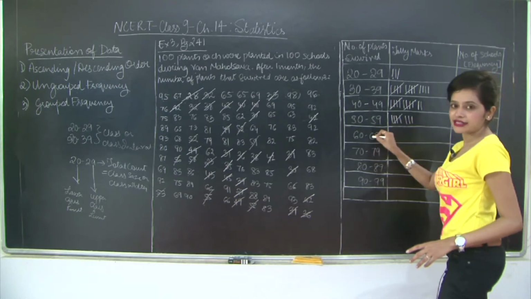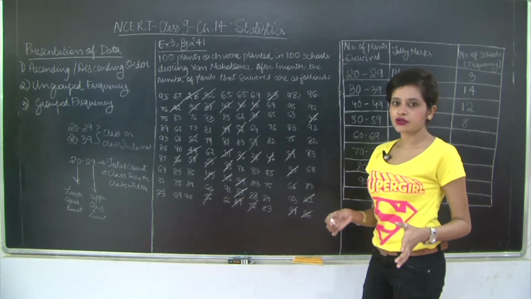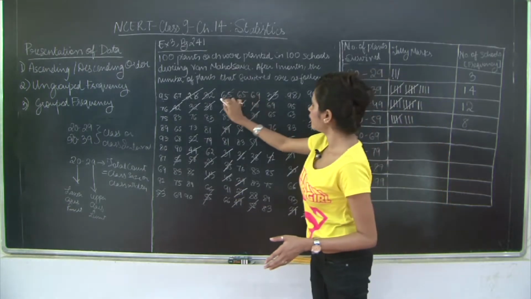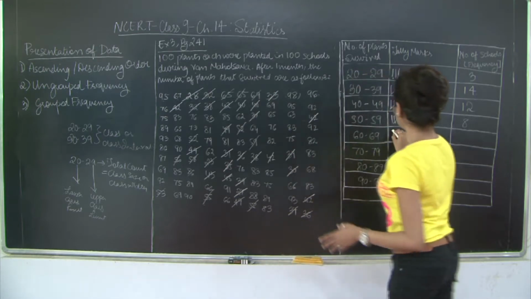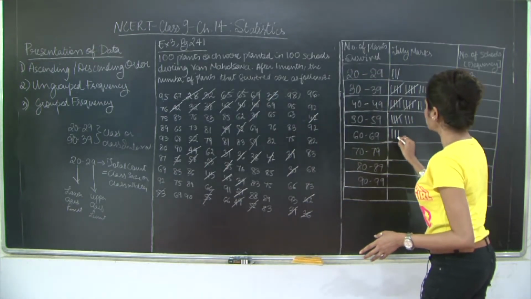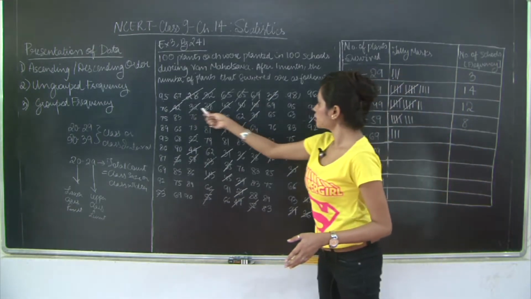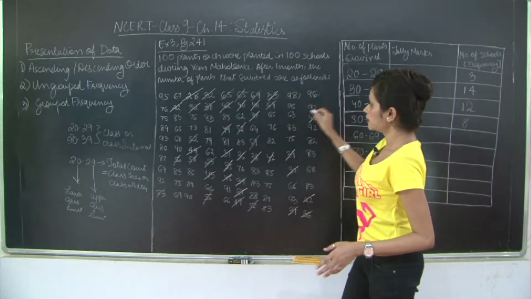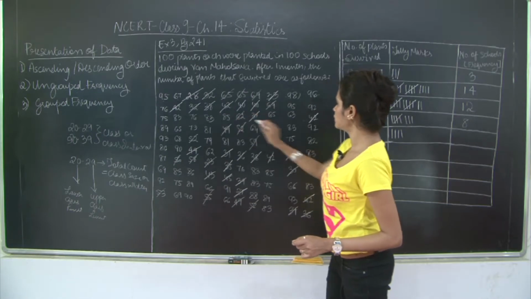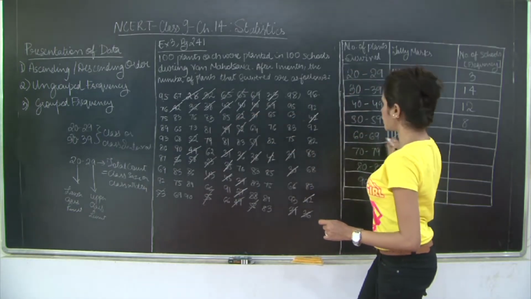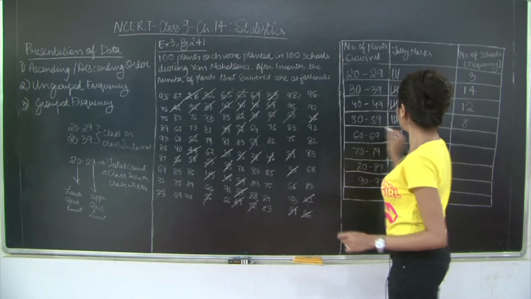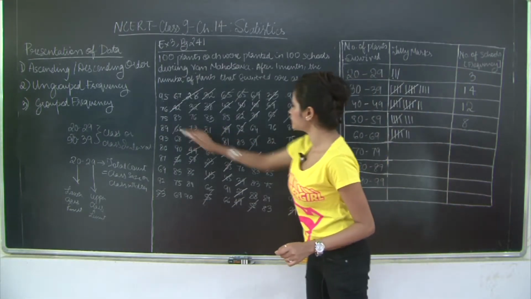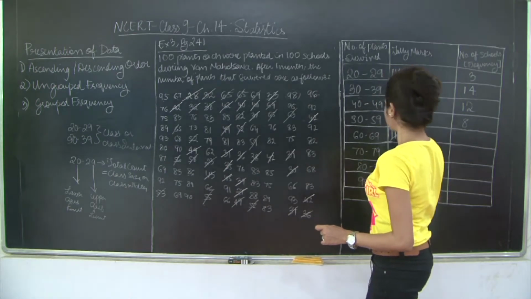Let's proceed to 60 to 69. So all the entries that lie between the group 60 to 69. Let's check. You have 1, 2, 3 here in the first row itself. So 1, 2 and 3. Then 1 here in the second row. Then you have 1. So mark this as 5. Then you have 2 entries here. So another 2. Let's check here. You have 65, which lies between 60 to 69.